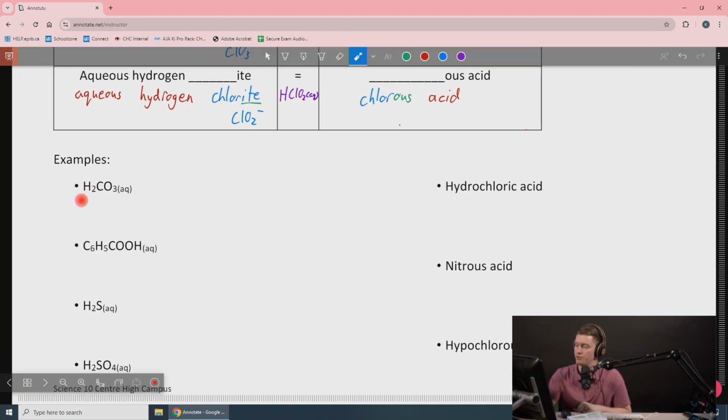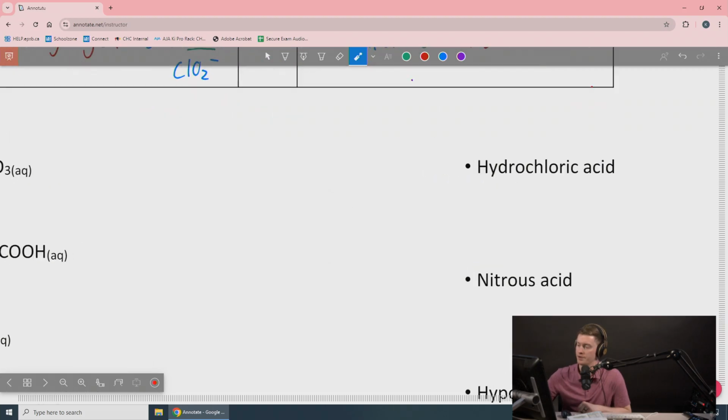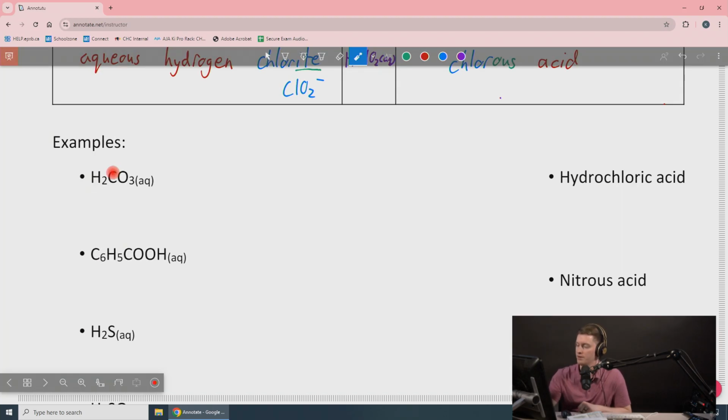We're going to do an example of working both directions. So if you get a formula and now you are trying to work towards the name, what you should do is first identify that what you're looking at is an acid. We know this is an acid because it starts with hydrogen. This, therefore, is our anion.